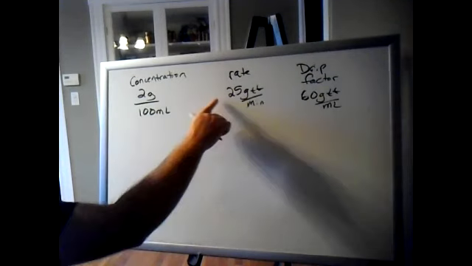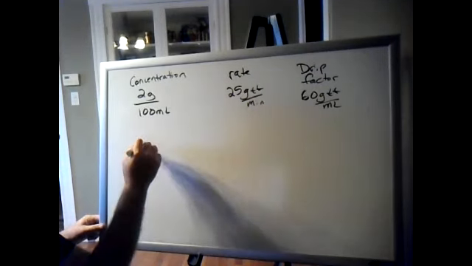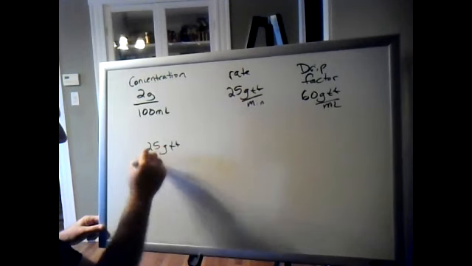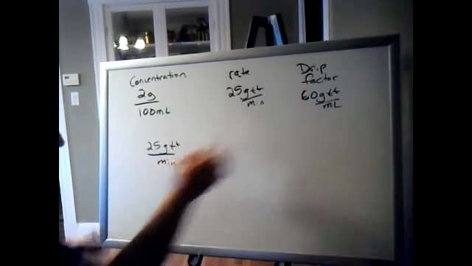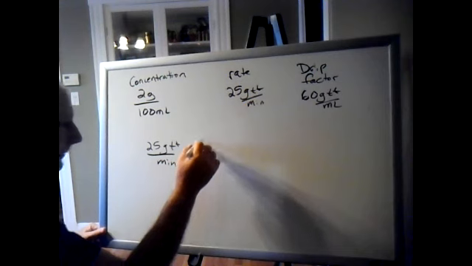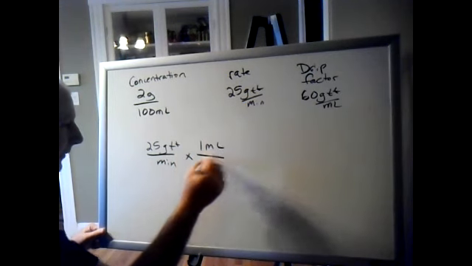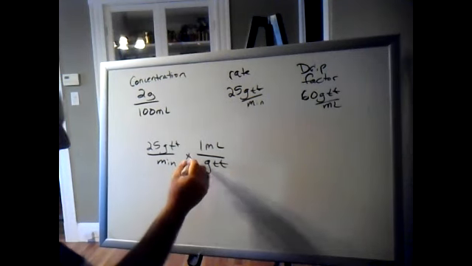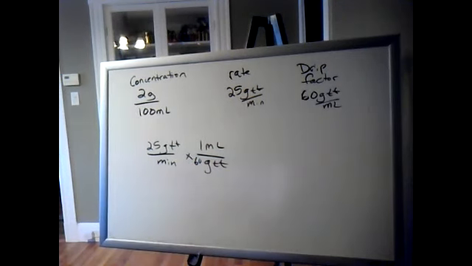So 25 drops a minute, if I take 25 drops per minute and divide by the drip factor or multiply by the inverse, I really focus on getting units to cancel out. So I'm going to divide by 1 milliliter per drop.